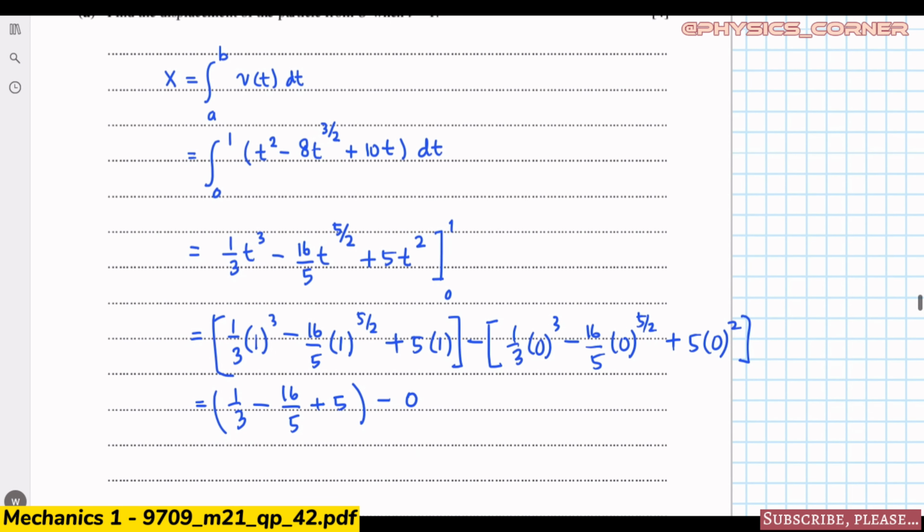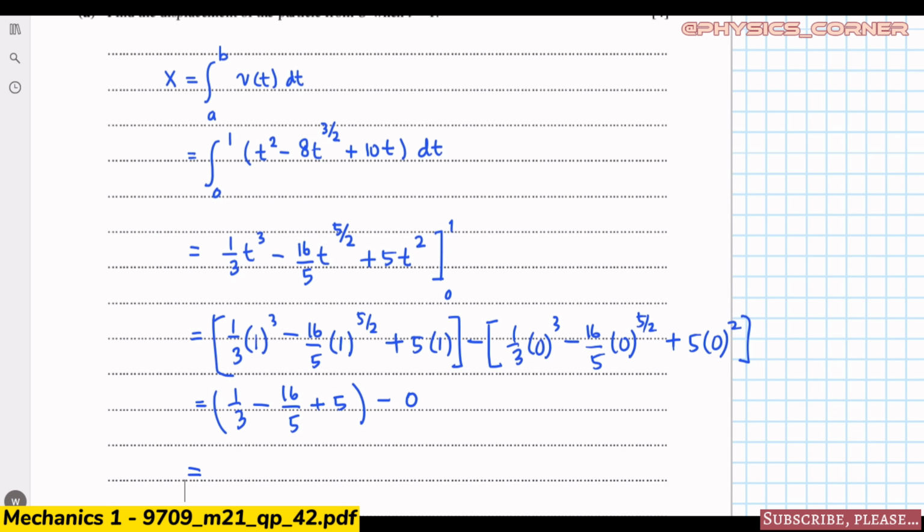Oh, sorry. 1 over 3 minus, yeah, 16 over 5 plus 5. It's 2.13. This is 2.13 meters.